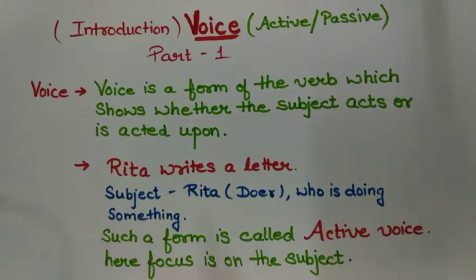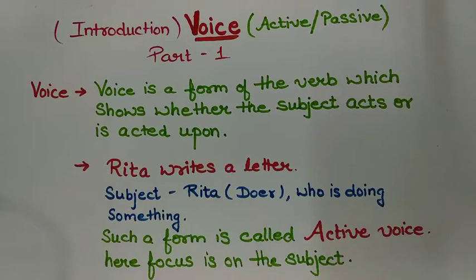Voice is a form of the verb which shows whether the subject acts or is acted upon. By the help of voice, we get to know what the subject is doing, or whether the subject is acting or is acted upon.